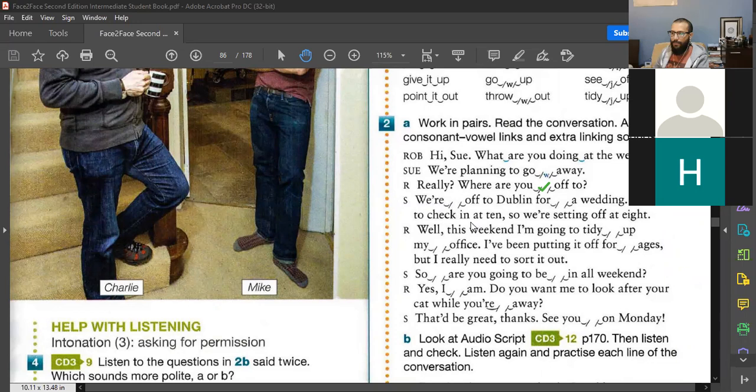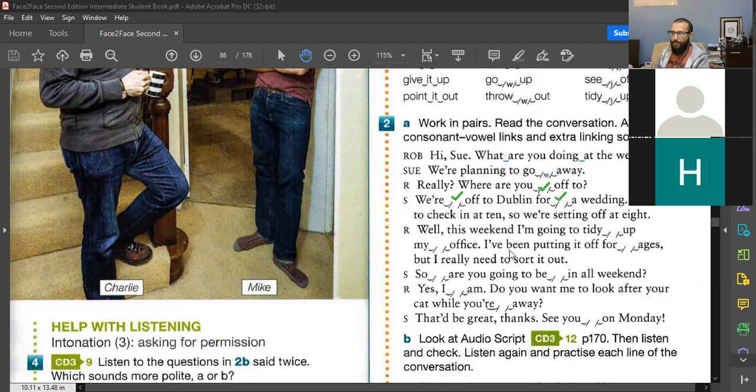We're off. So it's actually the R sound. This is the extra sound here. What about this one? For a wedding. What is it? Ra. Yes, Ra.